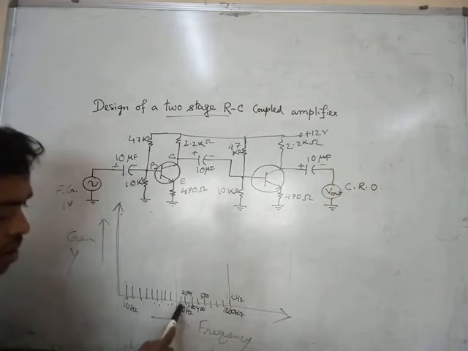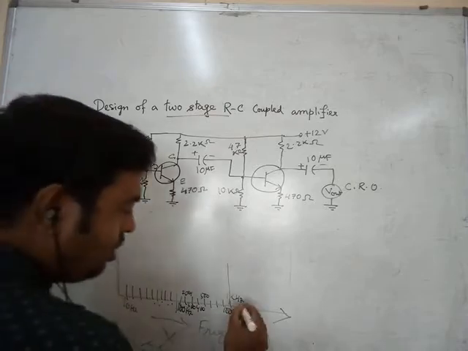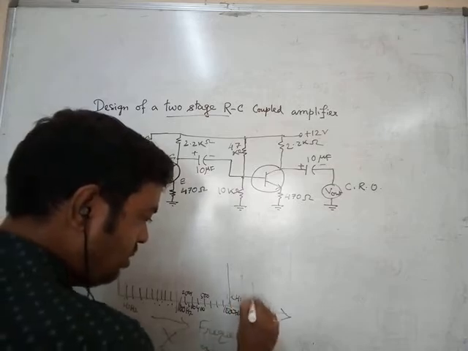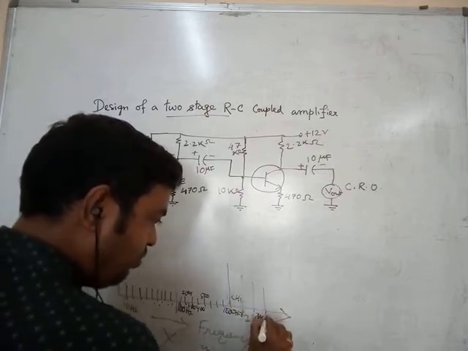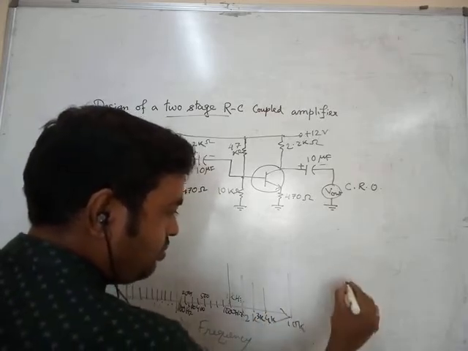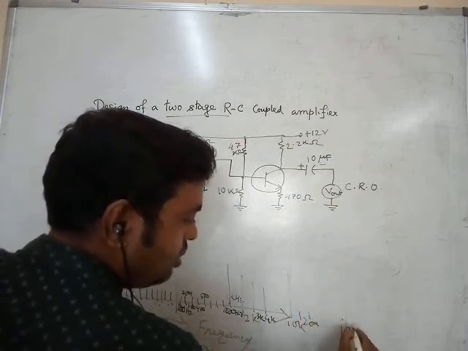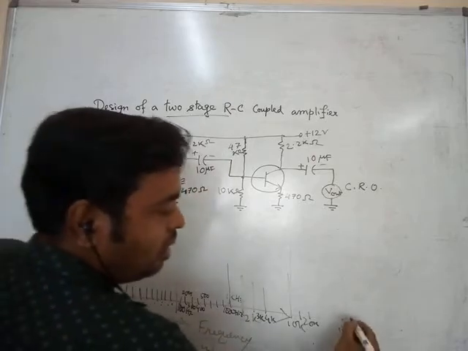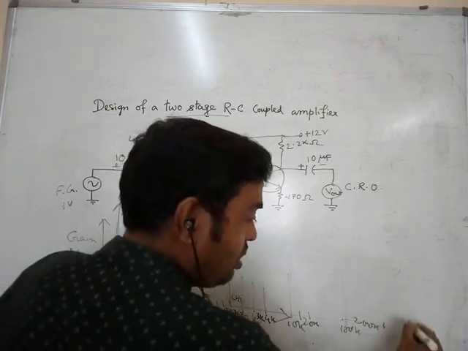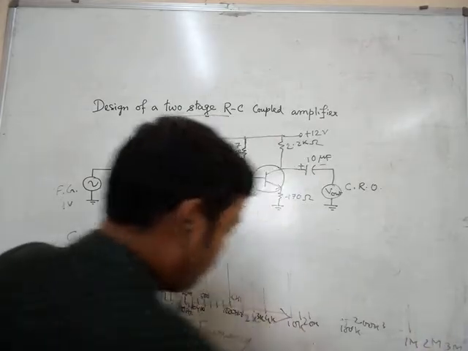Next division 100, 200, 300 up to 1K. Next division 1K, next 2K, next 3K, next 4K up to 10K. Next division 10K, 20K, 30K up to 100K. Next division 100K, next 200K, 300K up to 1000K or 1 megahertz. Next 2 megahertz, next 3 megahertz.